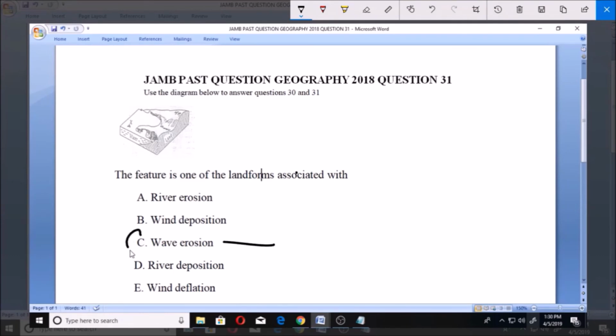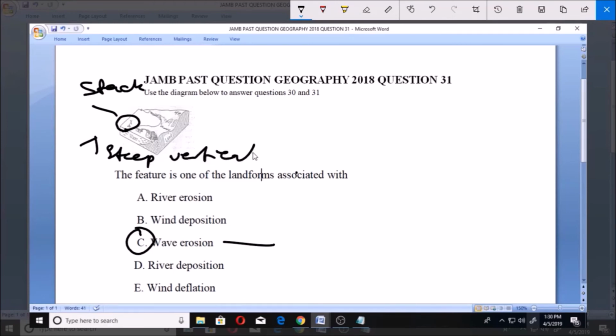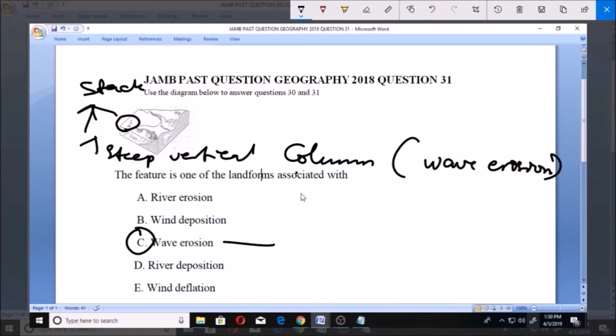So that makes option C the automatic answer, because this point X is a stack, as you can see the shape it has, a steep vertical column. So that makes it a stack. And stacks are formed by what? Wave erosion. That is what forms a stack. They are formed by wave erosion, and it always happens in the sea near a coast.